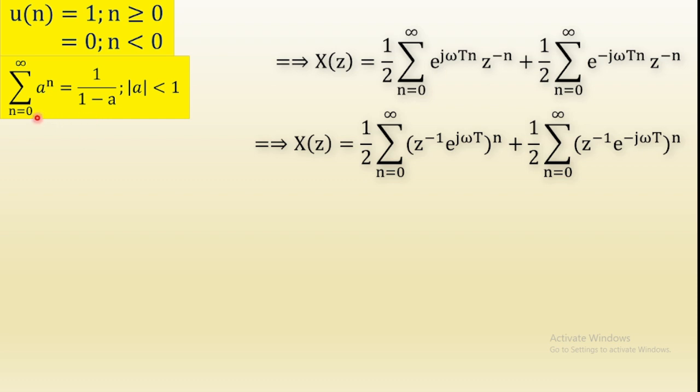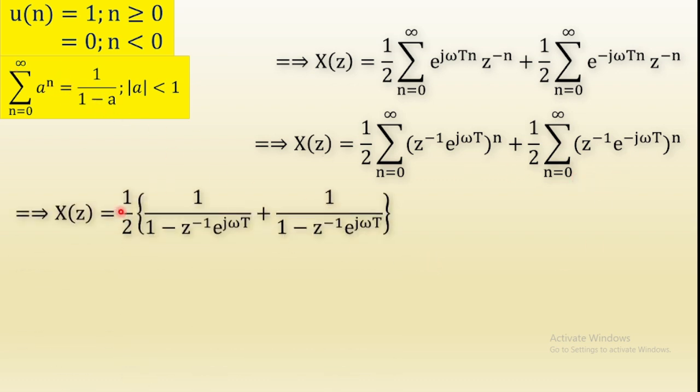We know that sigma n equals 0 to infinity a power n is 1 by 1 minus a. Applying this, we get X of z equals 1 by 2 into [1 by (1 minus z inverse e power j omega T) plus 1 by (1 minus z inverse e power minus j omega T)].